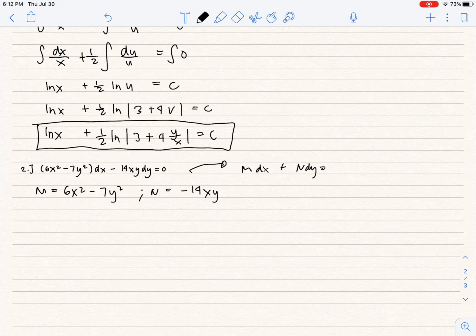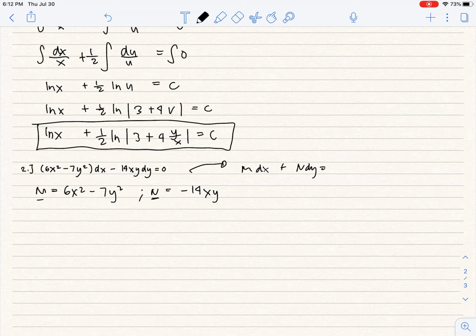Okay, next is check if it is a homogeneous DE. So good ta sa m. The first term, its degree is 2. Second term, 2. Okay, so ang m is a homogeneous polynomial. Next is n, isa lang ka term.